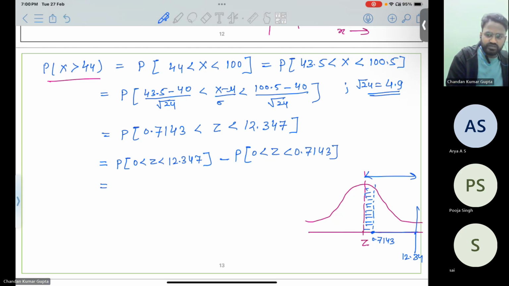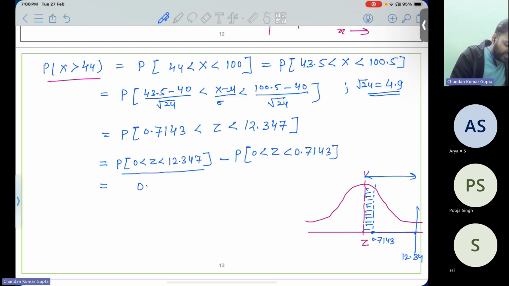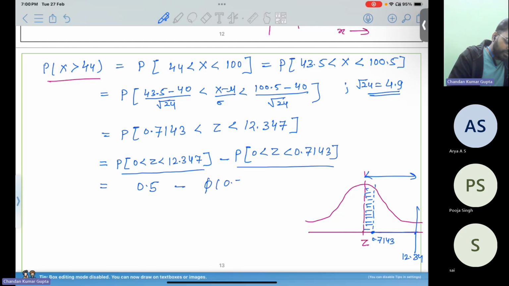If there is any confusion, please ask. So we may write this as 0.5 minus, and this can be calculated as what? Again, phi of 0.7143.